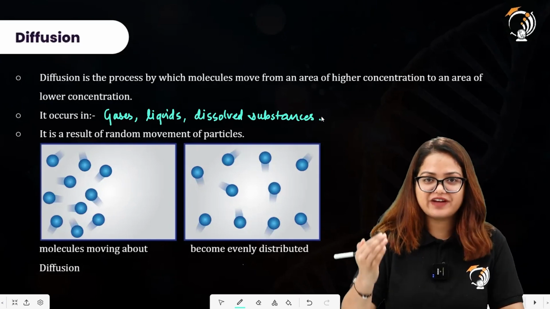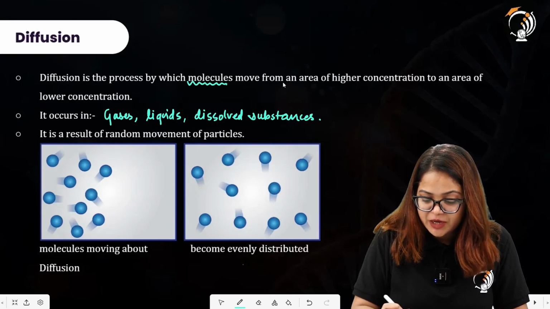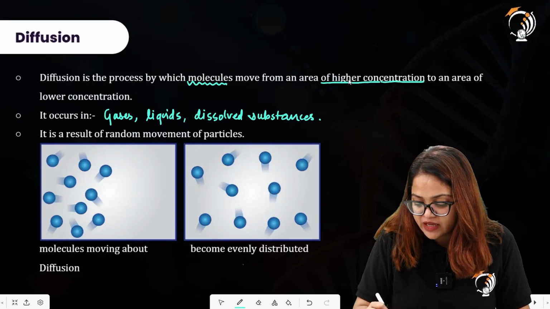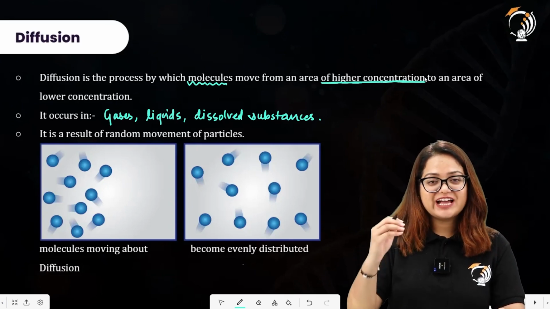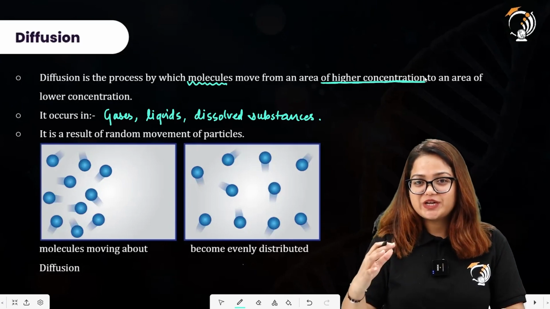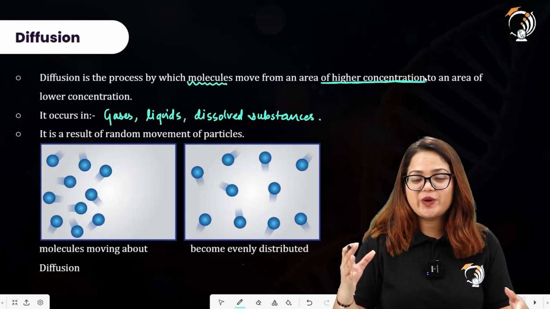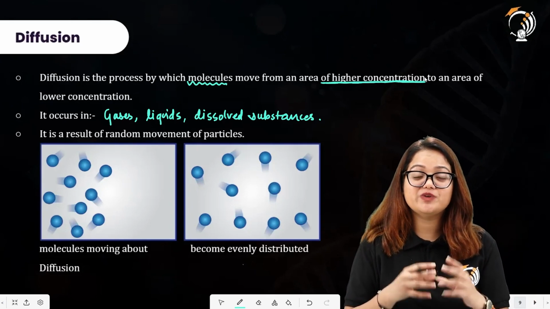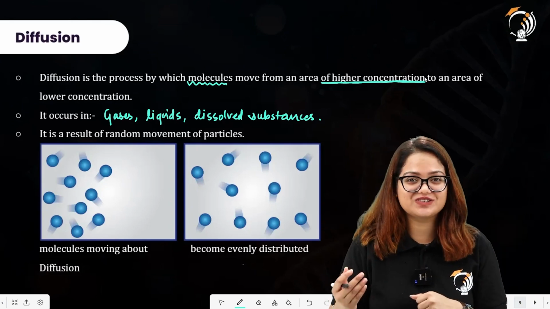So, going through the definition here, diffusion is the process by which molecules move from an area of higher concentration to an area of lower concentration. You have to mark this terminology as very important, as you will observe straight questions coming from this terminology only. You will see questions asking you to select the process which is responsible for moving the molecules from a region of high concentration to a region of low concentration, all right.